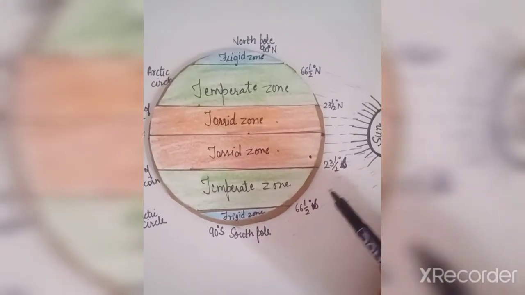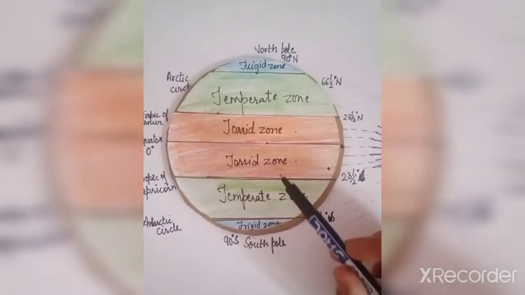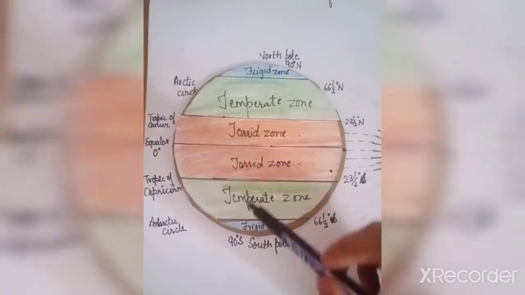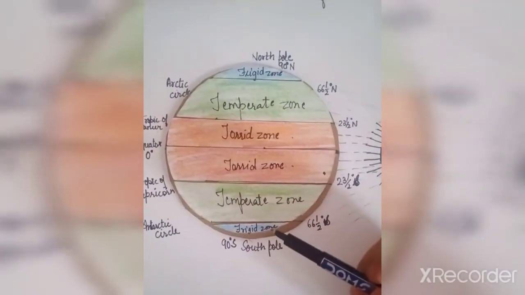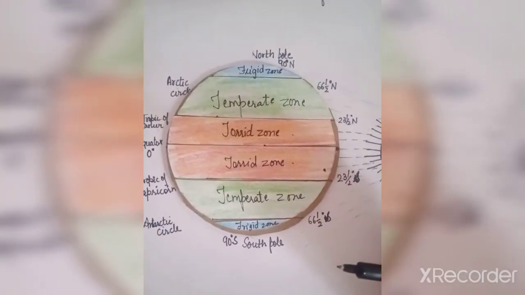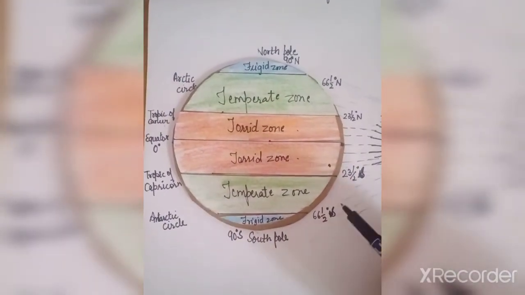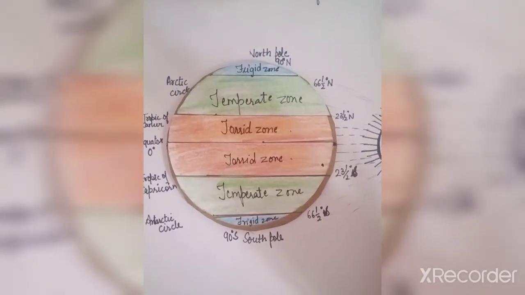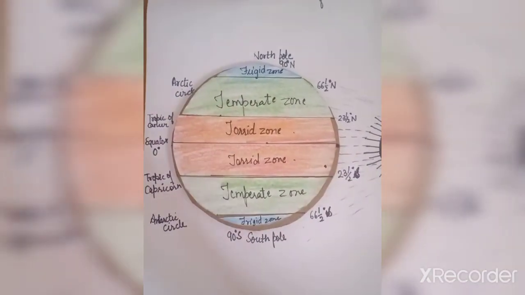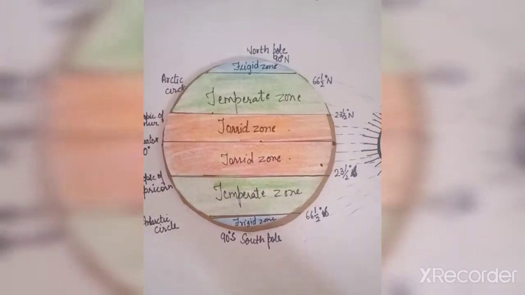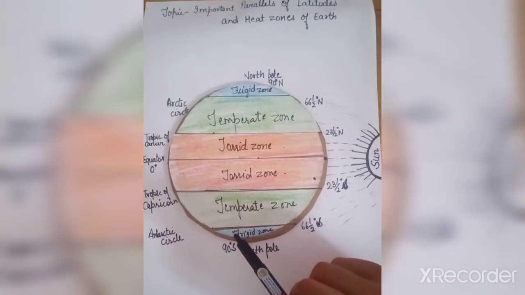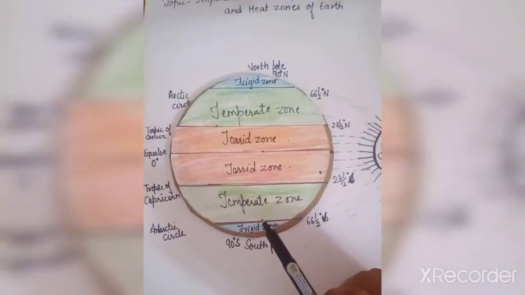When we talk about the frigid zone, frigid itself means the coolest. This zone receives little or nil sun rays. That's why it is the coolest zone of the earth.